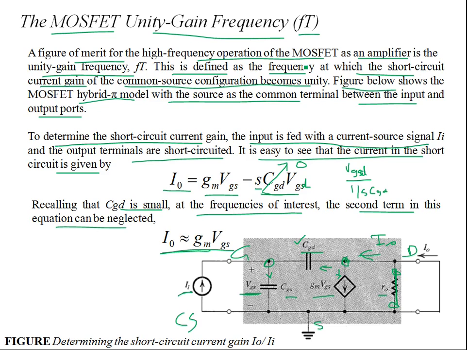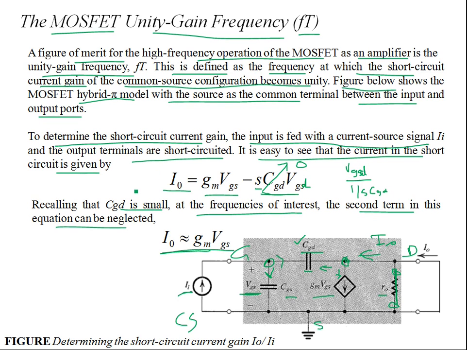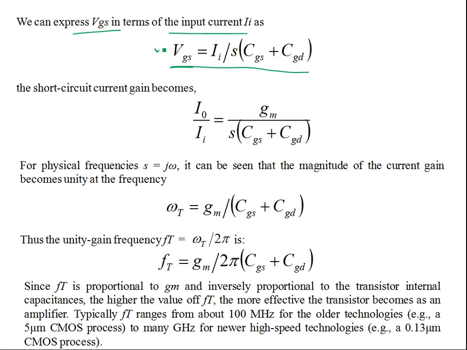The current bifurcates into both branches, so if you collect the currents in both branches from KCL, that's the expression for the input current. Considering the output current and the input current, you can take the ratio, so the short circuit current gain becomes I naught over Ii as gm over s(CGS plus CGD).